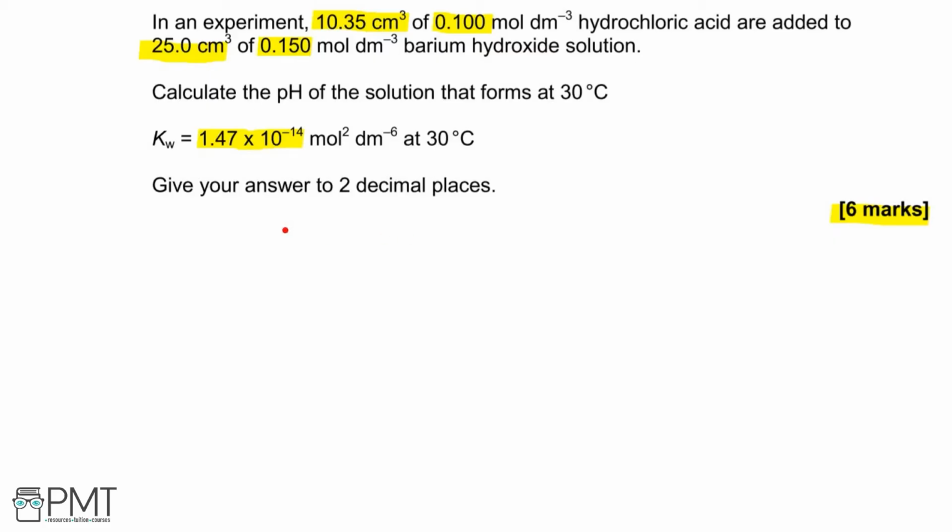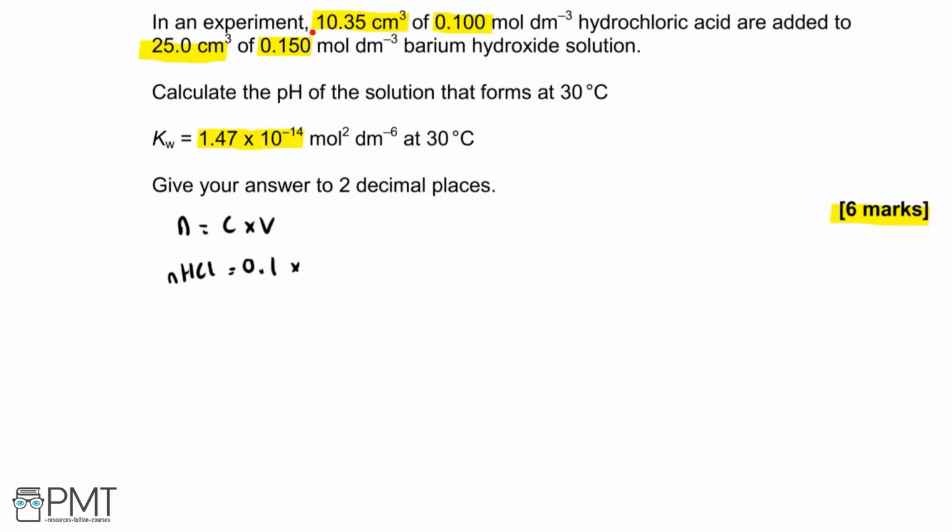So the way we're going to calculate moles is by using moles is equal to concentration times volume. So to work this out with hydrochloric acid, we are going to do 0.1 multiplied by, so this is our concentration, but we need to multiply by the volume. That's not just going to be 10.35, as it's in centimeters cubed here, and we need decimeters cubed for our unit.